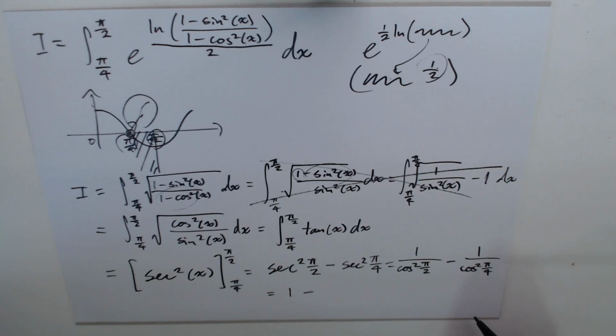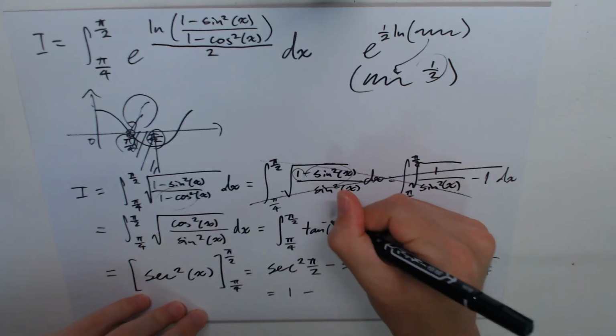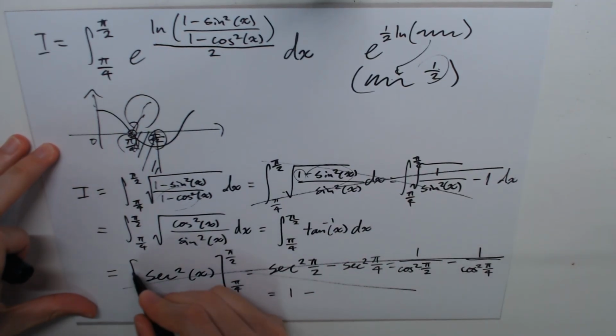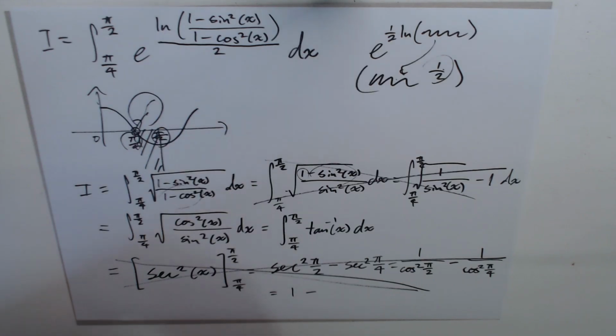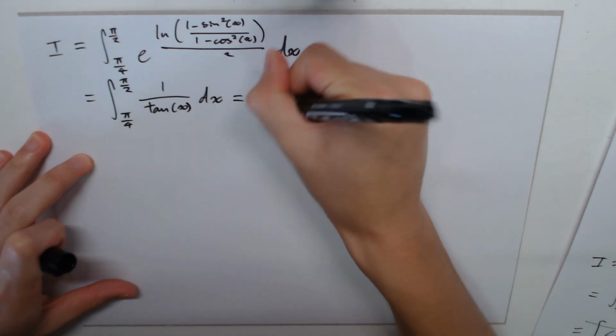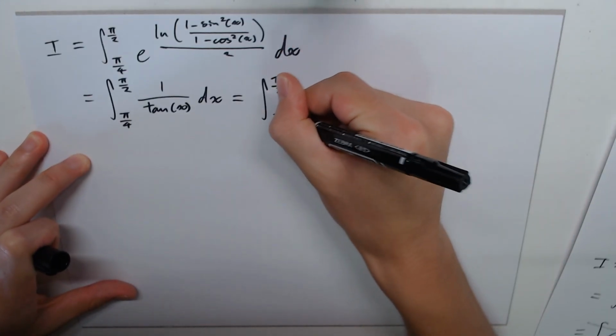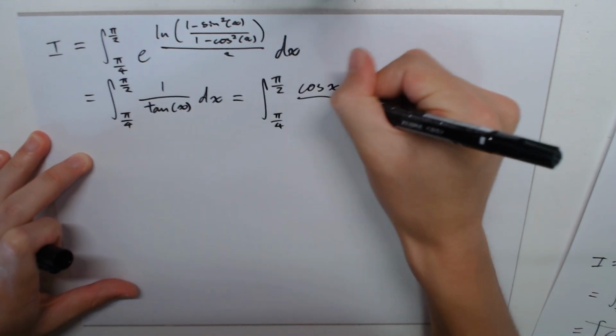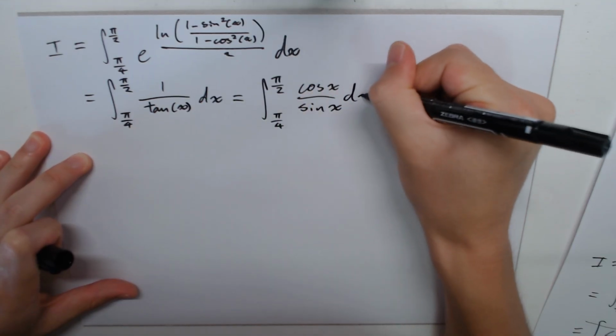Now, oh, okay, I see what I did here. I forgot to make this negative. And actually, I think we should have just kept it in this form, where we have cosine x over sine x dx.